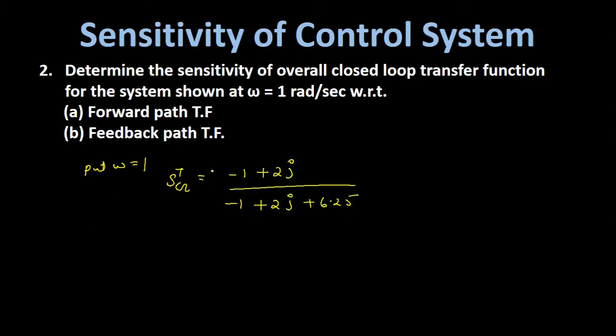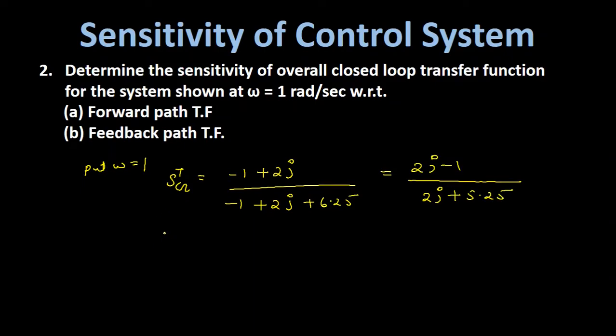Now we will put omega equal to 1, then we will get the sensitivity of T with respect to G equal to (minus 1 plus 2j) divided by (minus 1 plus 2j plus 6.25). This will be equal to (2j minus 1) divided by (2j plus 5.25).